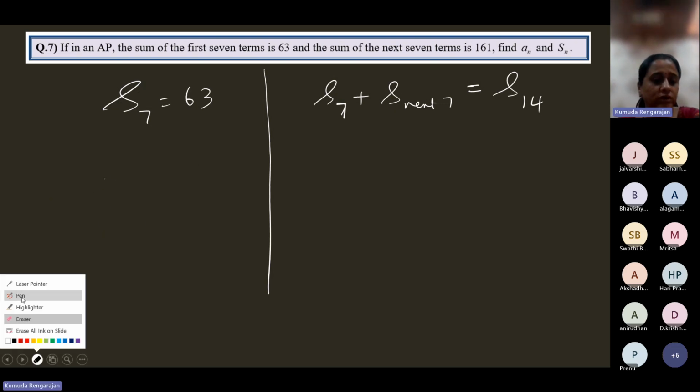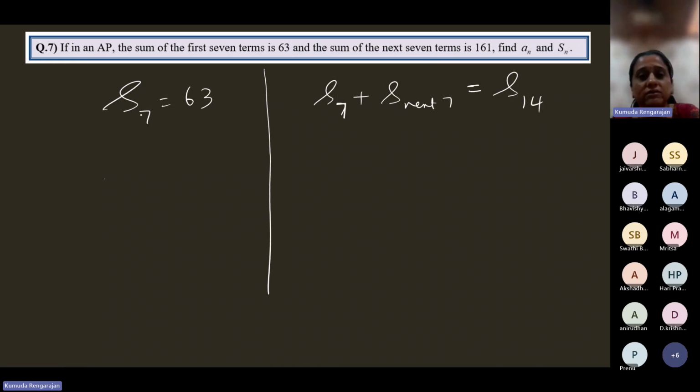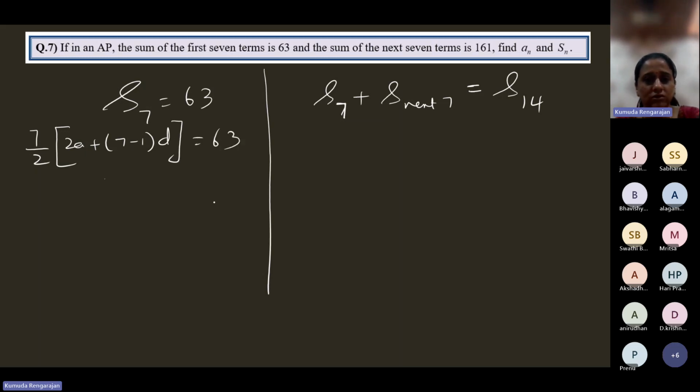When you work this one, you will get a linear equation in A and D. S7 is equal to 63, so 7 by 2 of 2A plus 7 minus 1 into D is equal to 63. You can work this ahead and get a linear equation in A and D. Similarly, S7 is 63 plus the sum of the next 7 terms, 161, is equal to S14.